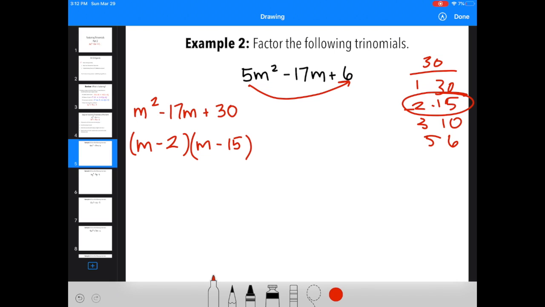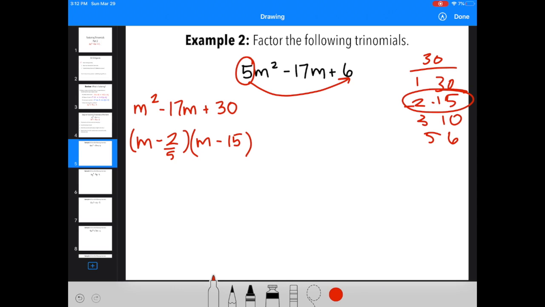My next step is to divide both of those terms by 5, because that's the number that I slid. So divide by 5, divide by 5. 2/5 does not simplify all the way, so I'm going to slide that 5 in front of my variable. So I will have 5m minus 2 times m minus 3, since 15 divided by 5 gives me 3. And there's my final answer.